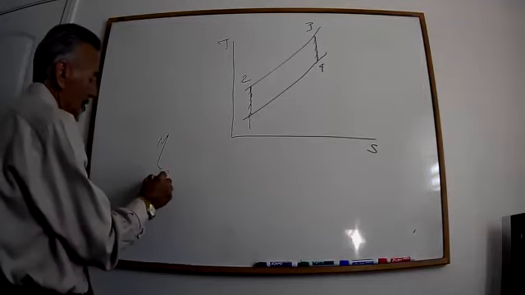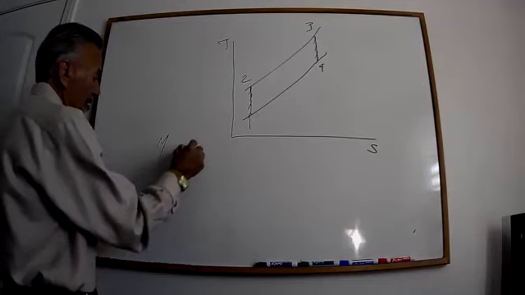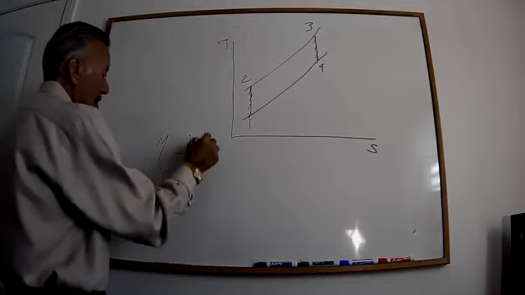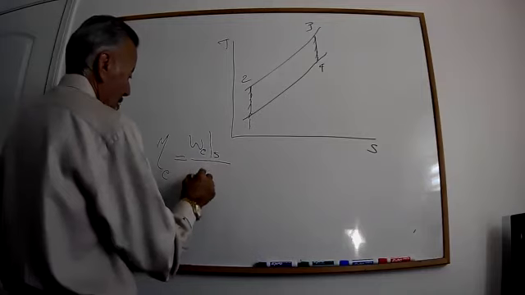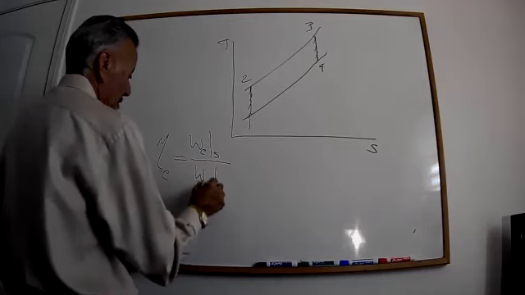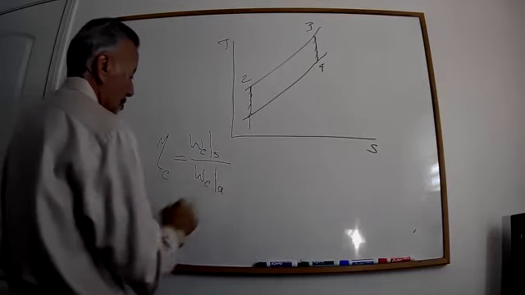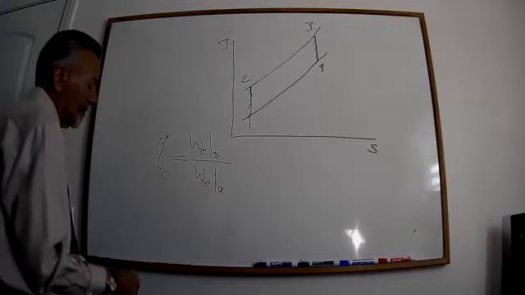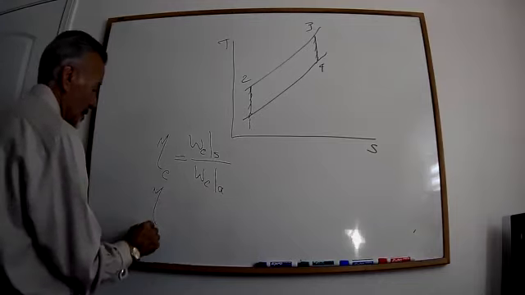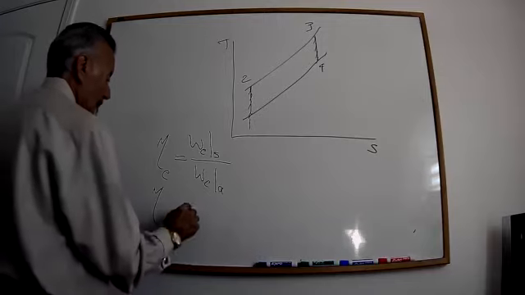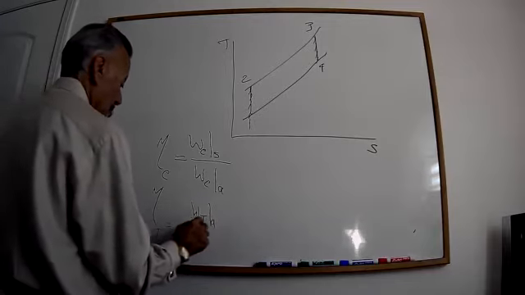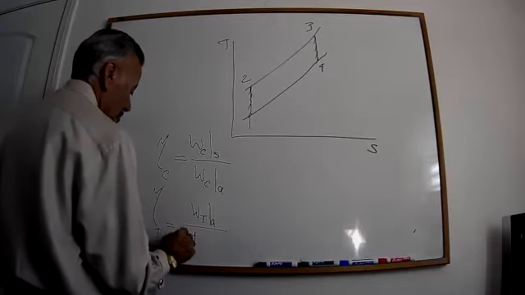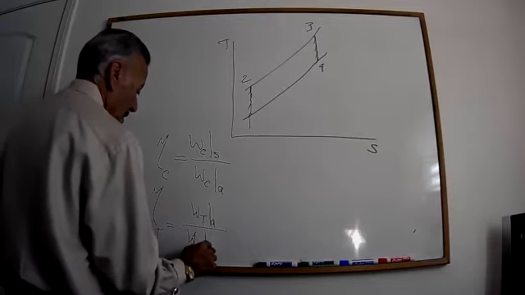So the efficiency of a compressor is work of a compressor in isentropic process divided by work of a compressor in actual process. Efficiency of a turbine is equal to work of a turbine in actual divided by work of a turbine isentropic.